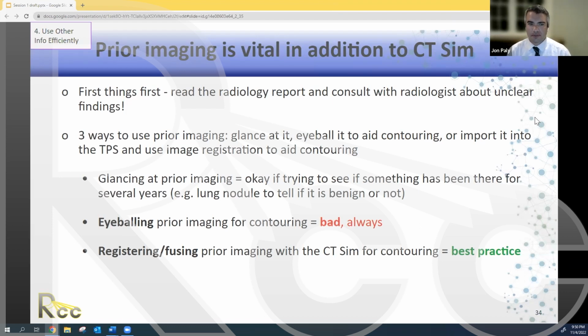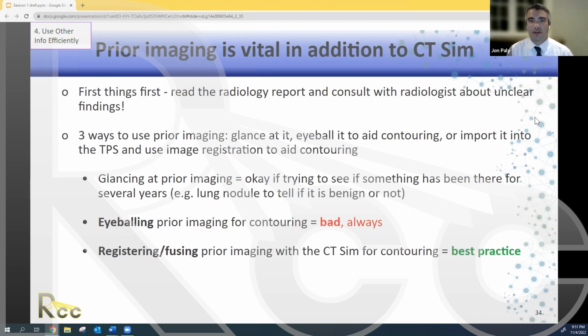So glancing at prior imaging certainly is okay if you're just looking to see whether something was there or not there. Maybe a lymph node that has grown or not grown, or a lung nodule that wasn't there before. Eyeballing the scan, pulling the scan up next to your treatment planning software in different windows, is something that we should try to avoid.